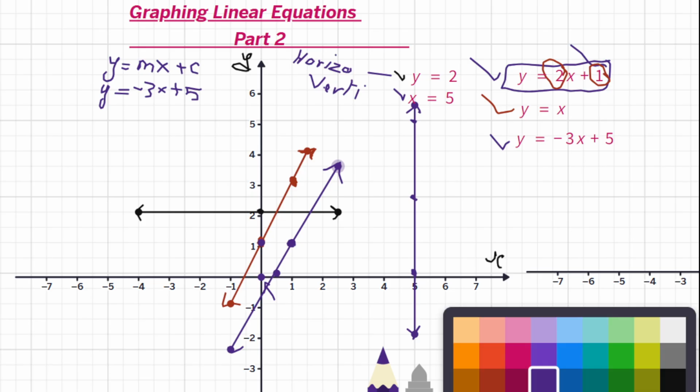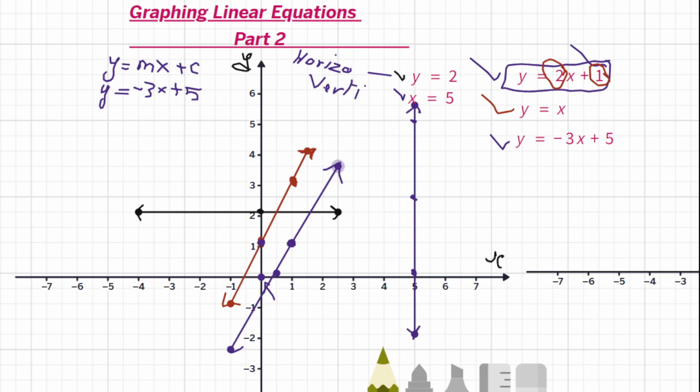The y-intercept is c, which is 5 here. So our nice line will cross the y-axis at this point here, which is 5. And then our slope is -3. This is the gradient, so it's -3/1. If there is no number down there, just add 1 to help yourself. So this is rise and this is run.